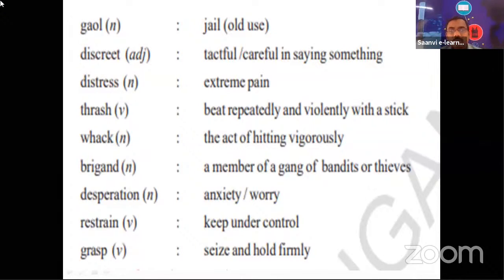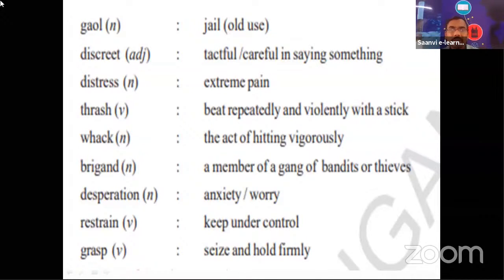Thrash. What do you mean by thrash? Thrash, flog, cane, beat: these all words have the same meaning. Beat repeatedly and violently with a stick. Sometimes when you do a lot of mischievous acts, your teachers will punish you in a violent manner. That is what is called a thrash. The next word, whack: the act of hitting vigorously.